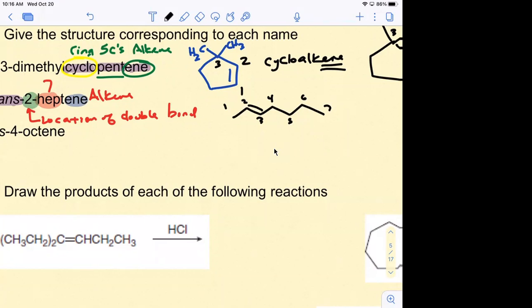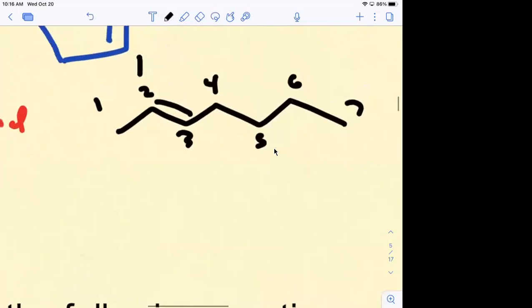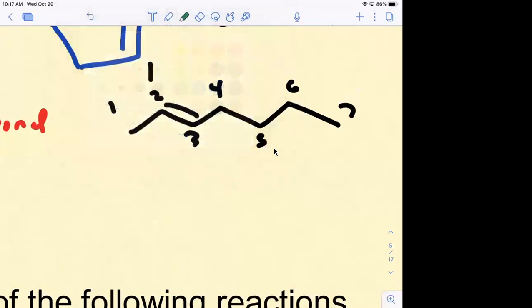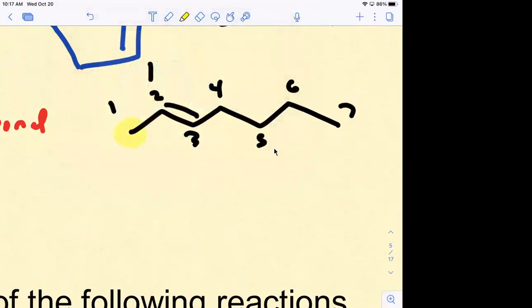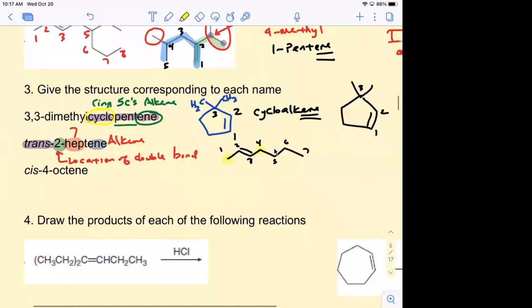So if it's between carbon 2 and 3, the number preceding the parent to tell me the location is going to be the lower number. So it's 2-heptene. All right, and then is that trans? Does that satisfy the trans part also? Yes. So I got carbon 1 over here and then carbon 4 on the opposite side. So that's trans 2-heptene.